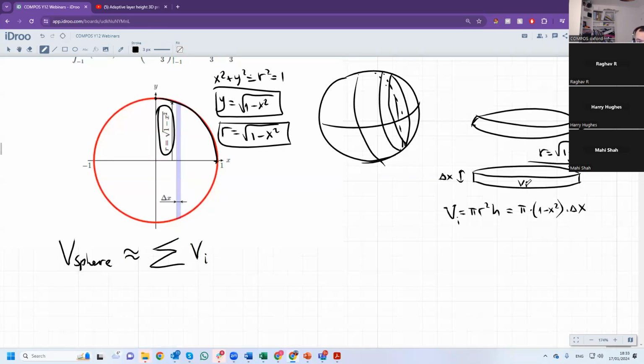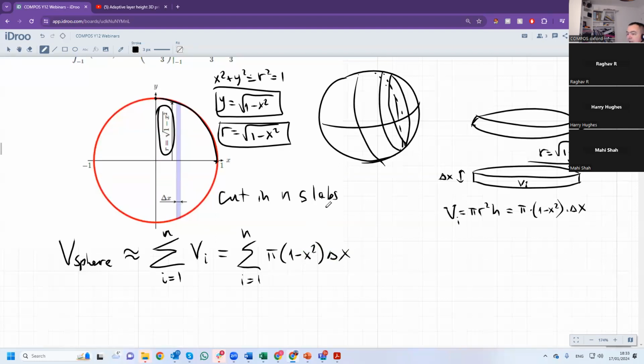This is V_i, the volume of one slab. It's the sum of all slabs where i is from 1 to n, if it's cut into n slabs. Now, this is equal to the sum from i equals 1 to n, and V_i is pi times 1 minus x squared times delta x. Does everything make sense so far, Raghav?